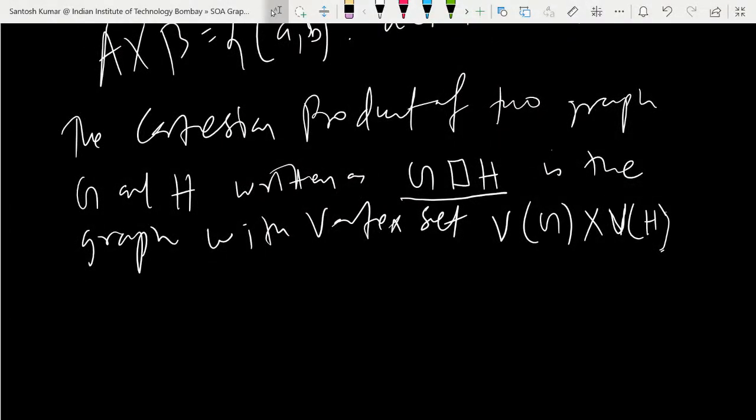So the Cartesian product of two graphs G and H, written as G Cartesian product H, is the graph with vertex set Vg cross Vh.